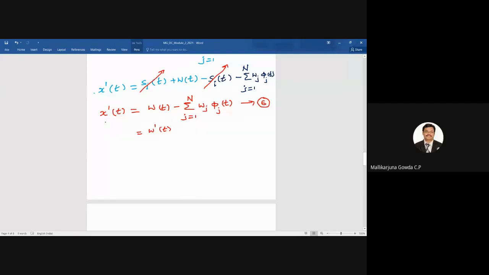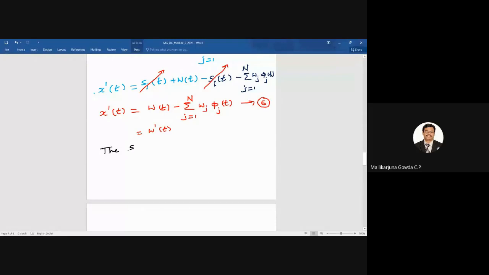Yeah. So this sample function x dash of t depends only on the channel noise, because whatever terms I find in this are only w of t, isn't it? The first term is w of t and the second term is also related to noise only. So it does not depend on the signal Si of t. Okay, so let me write that.